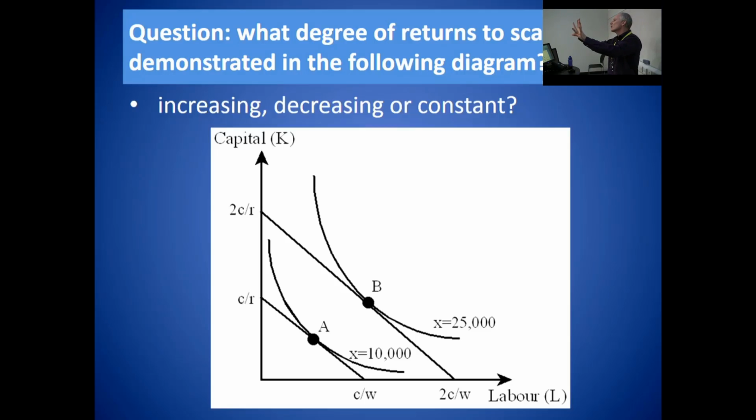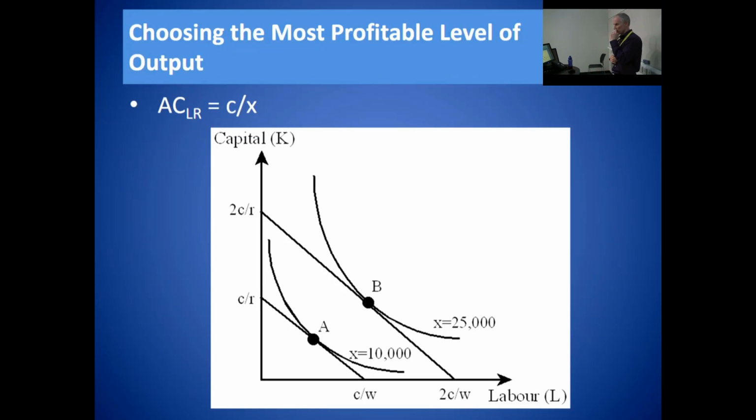But we still haven't quite got to the question we want to answer. We want to know something about the firm's long-run average cost. So, what is long-run average cost? Average cost is merely total cost, which is C, divided by output X. That's the average cost. Cost divided by output.